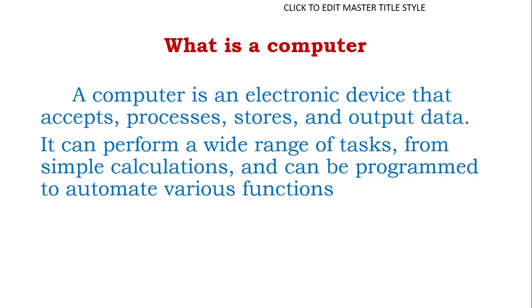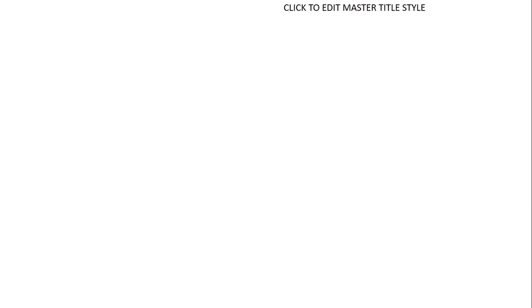We shall get to know more about this when we reach Microsoft Excel. That is where we can perform calculations, and it can be programmed to automate different tasks. These days, even what human beings are supposed to do is being done by computers. Computers are really nice. They have simplified the work of men.